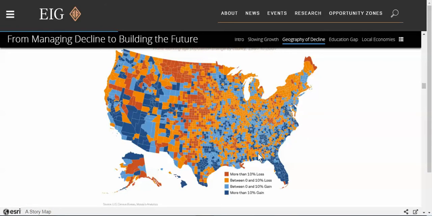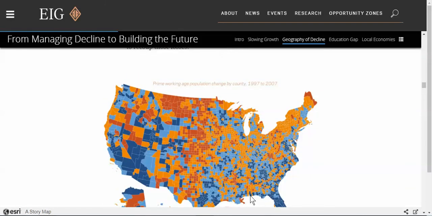And here they are looking at this in terms of losses in relation to a percentage. And so here you'll notice more than a 10% loss, 0 to 10% loss, 0 to 10% gain, and more than 10% gain. So what we're looking at here is quantities of increase or decrease in the working population of an area. And again, it's important to note that.